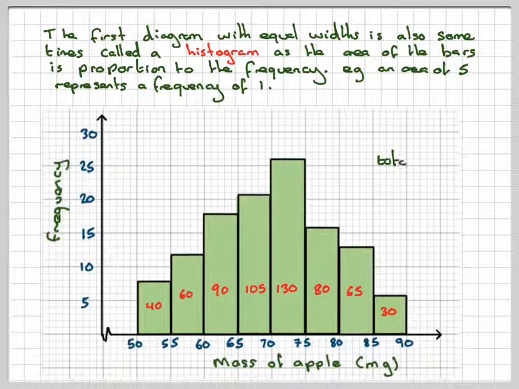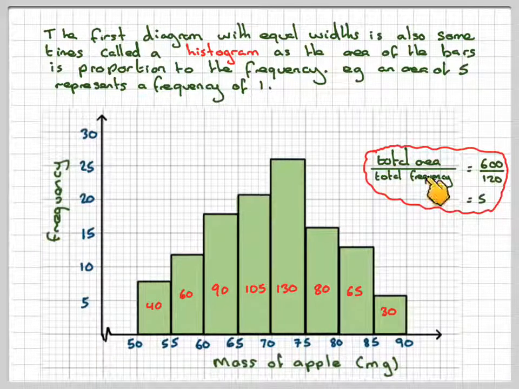And 600 was represented by 120, so the total area divided by the total frequency will be 600 divided by 120. So each 5 square units on here will represent a frequency of 1. Therefore the frequency is proportional to the area, so you could strictly call that a histogram. Though probably you wouldn't call this frequency, you'd now call this frequency density or frequency per gram.